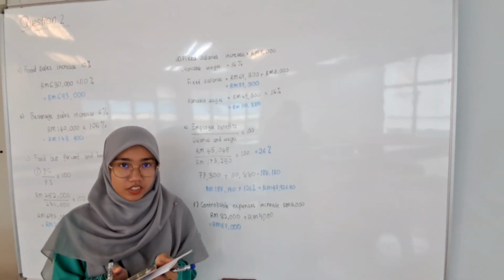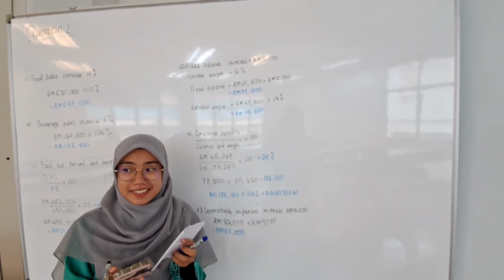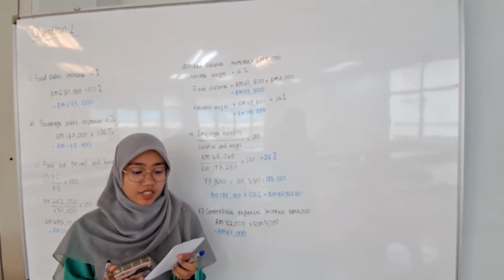Yeah. So for the question D, occupancy cost will increase by 5,000.